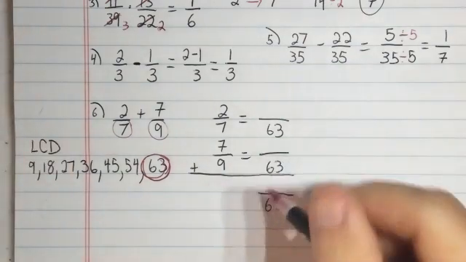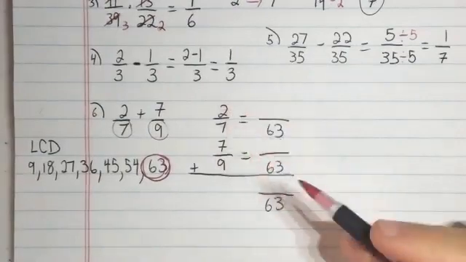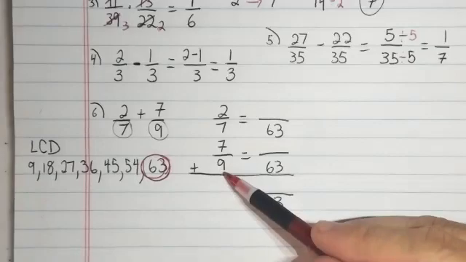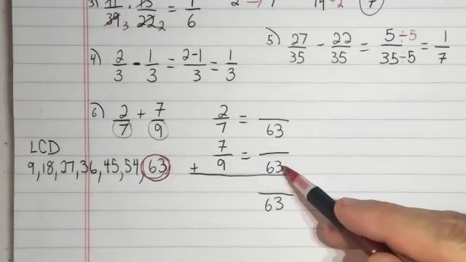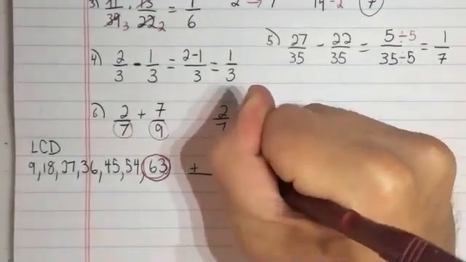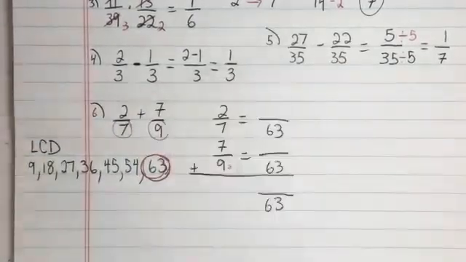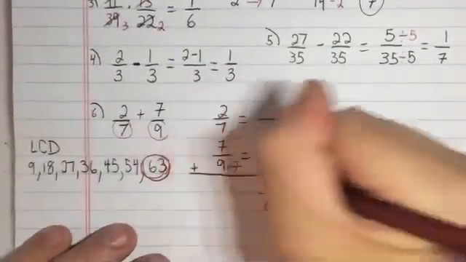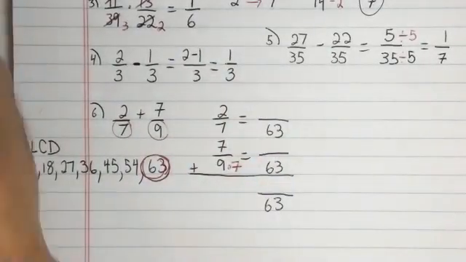The next question, I always kind of start with the bottom fraction and then work my way up for whatever reason, but what do I have to multiply 9 by in order for it to be 63? And the answer in this case is 7. I got to take 9 and multiply it by 7. And I'll do that same thing to my top part of the fraction.